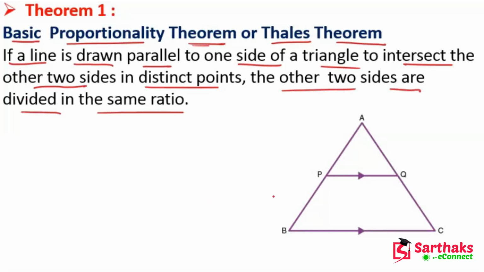Now, this line PQ intersects the other two sides in distinct points P and Q. Now, according to this, AP upon PB should be equal to AQ upon QC.